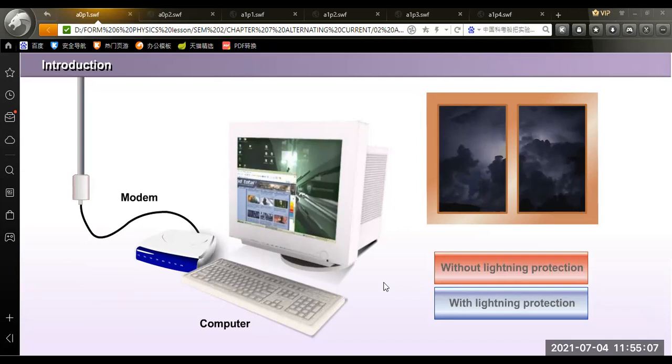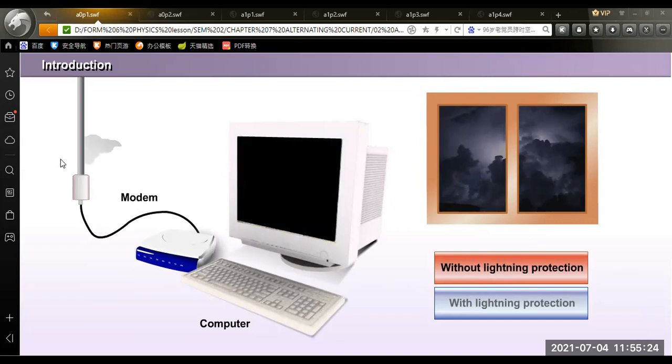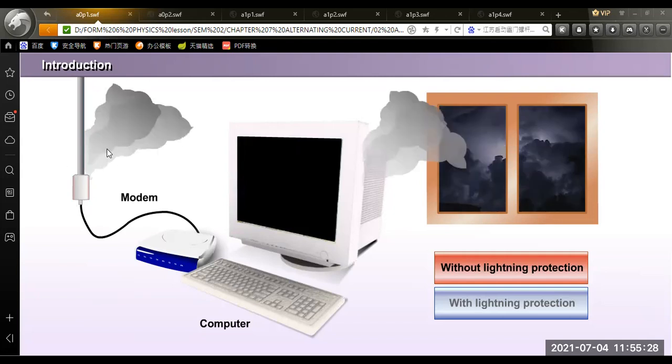What happens if the modem is without lightning protection? Observe outside the window. If there's lightning, what happens? Our computer will burn and also the modem will be burned.